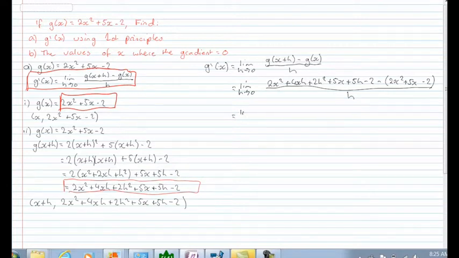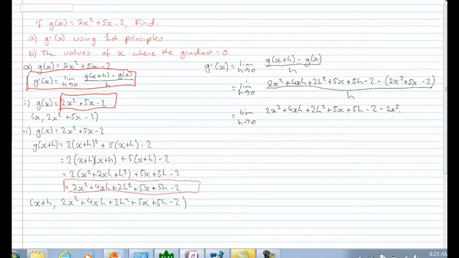Alright, let's expand. So we've got the limit as h approaches 0. So you're going to get 2x squared plus 4xh plus 2h squared plus 5x plus 5h minus 2 minus 2x squared.